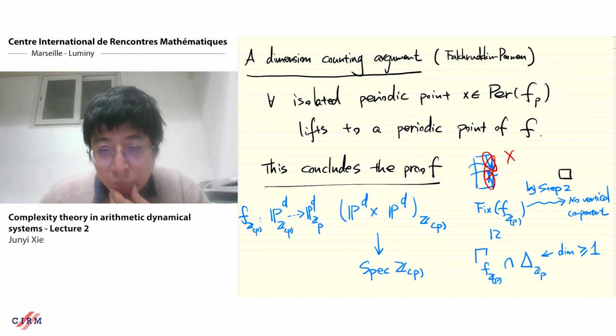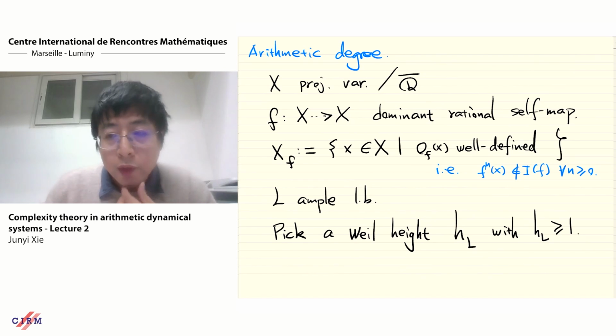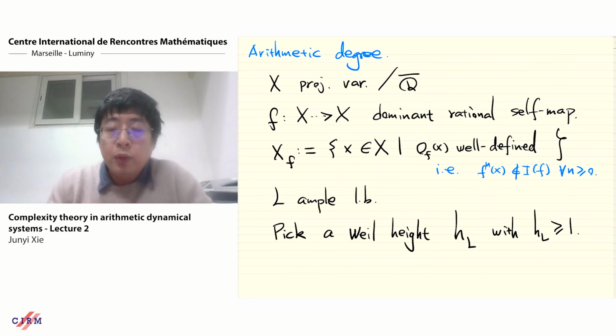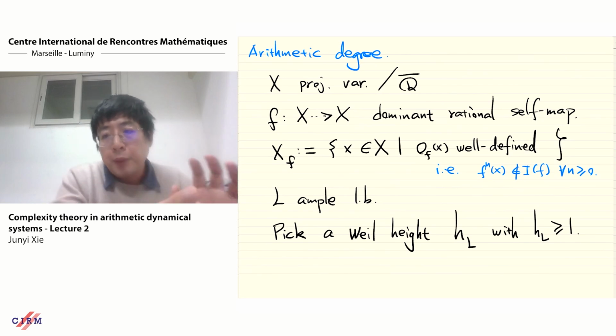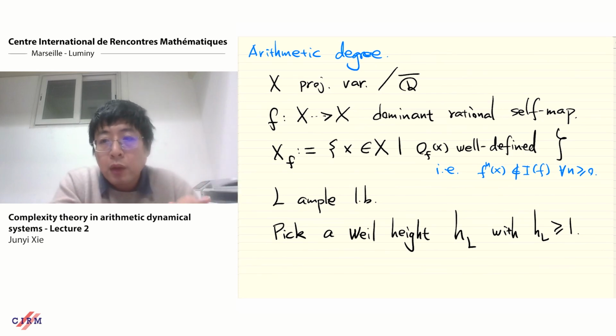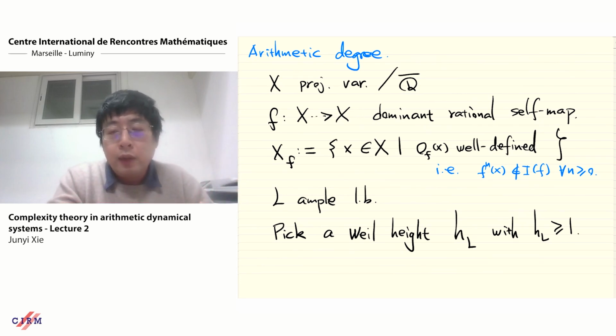Okay. So next, because before we have already discussed the entropy. So entropy is the topological complexity, and then the dynamical degree is the algebraic complexity, and then we want to talk about some arithmetic complexity.